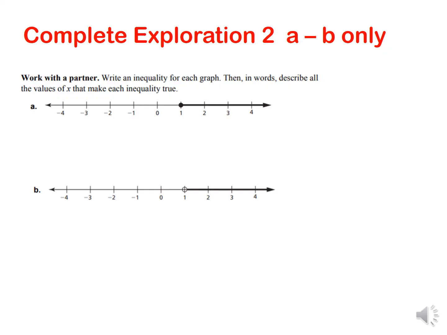Okay, this is in your exploration, so pause and do these problems and then check your answers. Notice that they don't just want you to write the inequality, they want you to describe all of the values that make each inequality true. So you're going to describe what it means as well as write the inequality.